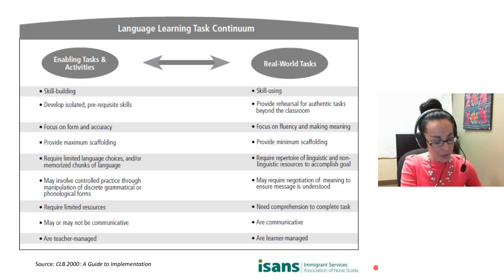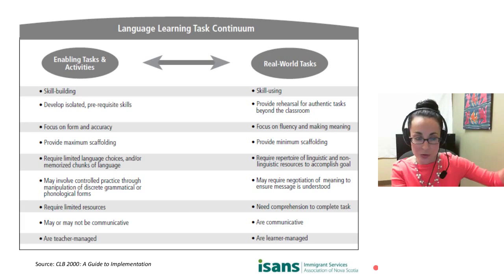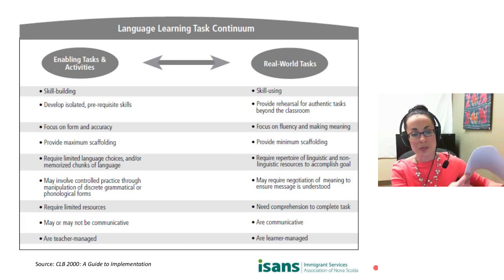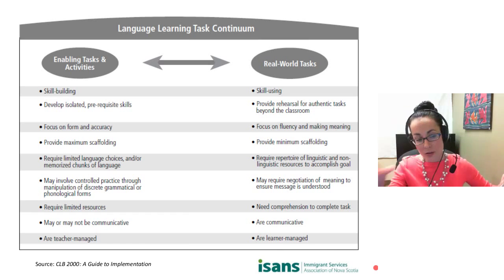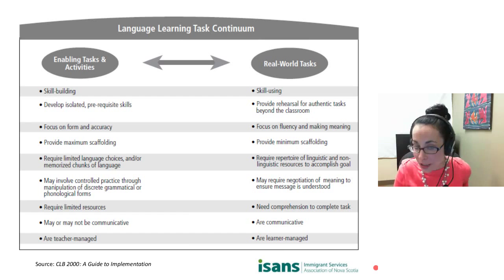Okay, so this was the visual that I was talking a little bit about earlier, just to sort of give the continuum of enabling tasks or activities versus, not versus, but leading into, I should say, real world tasks. And again, I know real world and authentic, they're synonyms, but the real world tasks we're going to talk about here, we are creating those in our classroom.